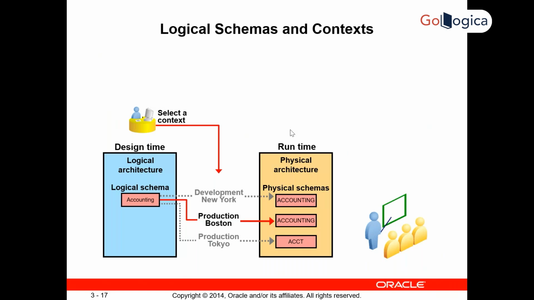That means I define my job only once, but based on the context I choose, the data loading goes to different data servers. So in a single template we can change environments by using the context.